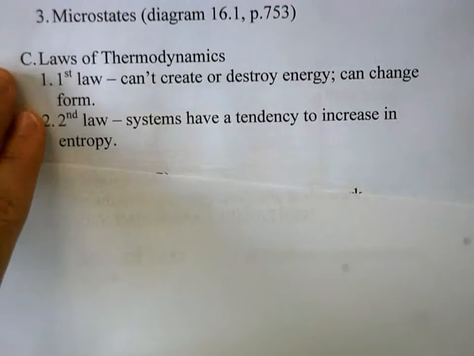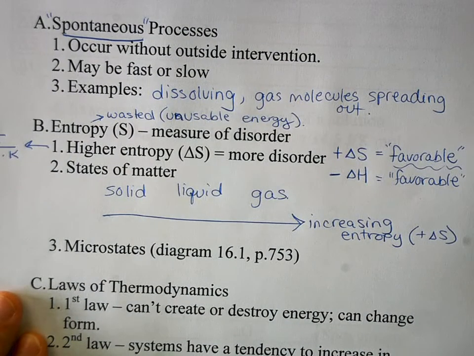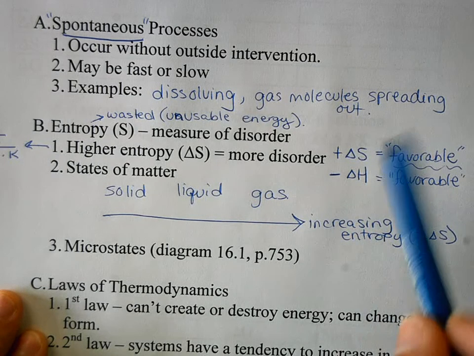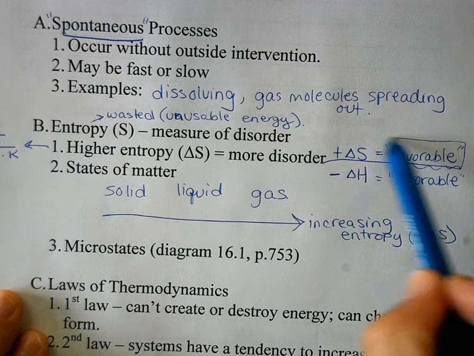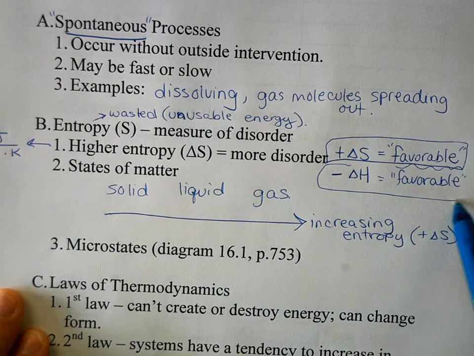All right, so earlier in the notes, we talked about how increasing entropy is a spontaneous reaction. Exothermic reactions are also spontaneous, but these would be separately. Like if you just looked at increasing entropy, that would be favorable. Exothermic, that would be favorable.